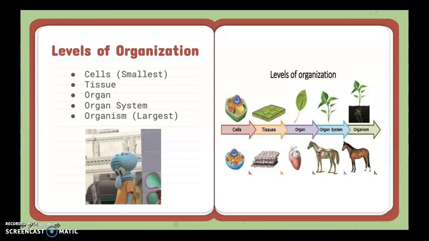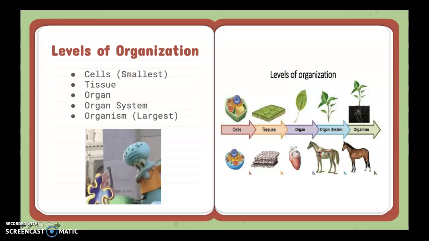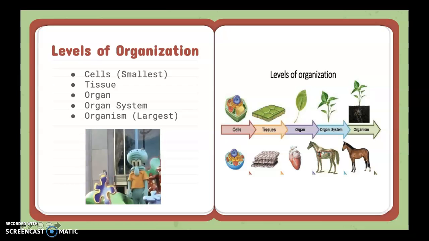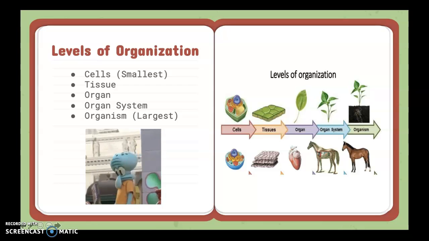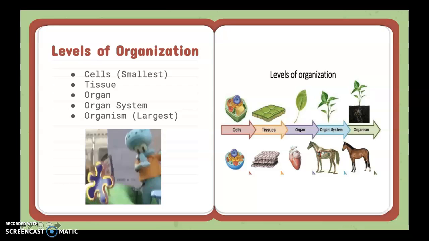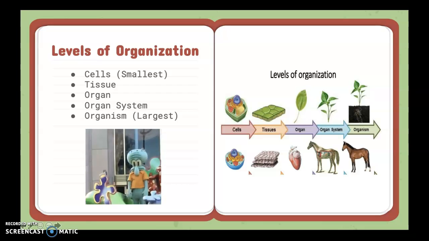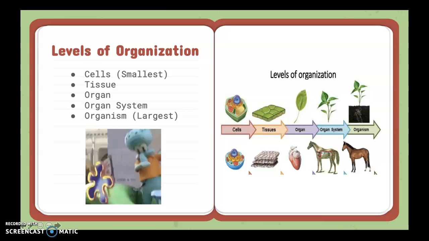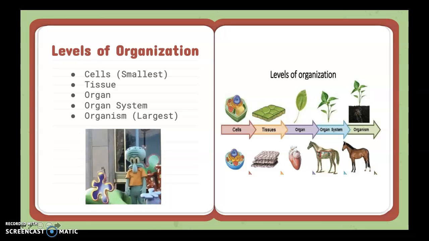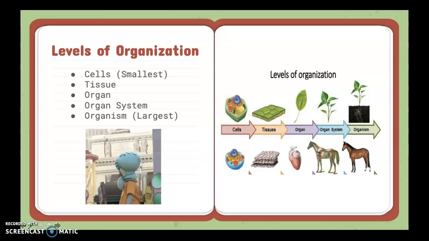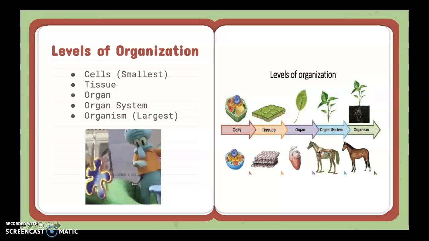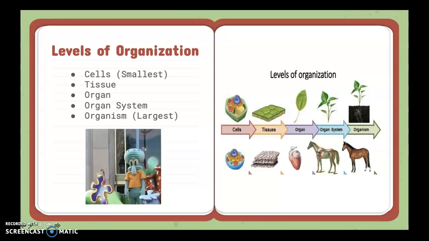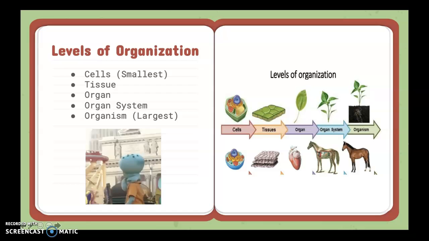Now let's talk about levels of organization. The smallest unit of life is cells. When you get a group of cells together, they form a tissue. When a group of tissues form together, they form an organ. When a group of organs start working together, that creates an organ system.